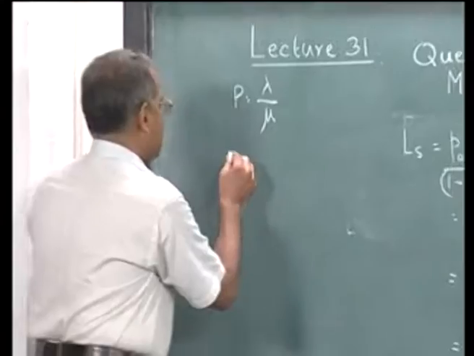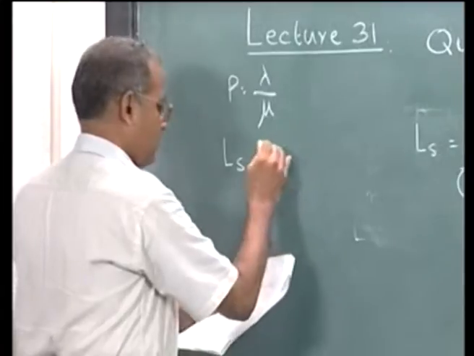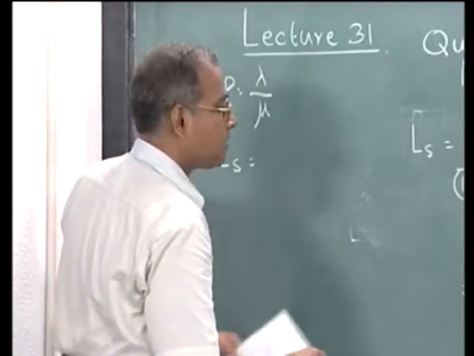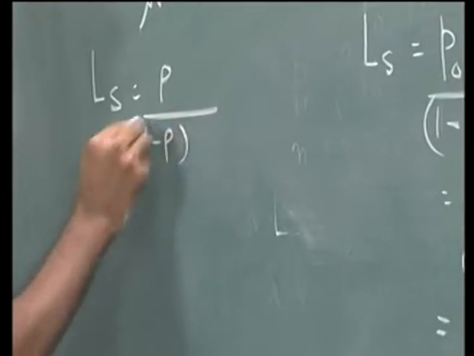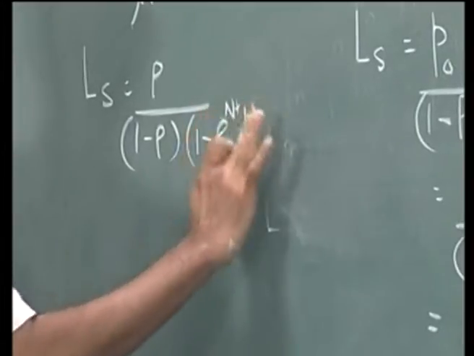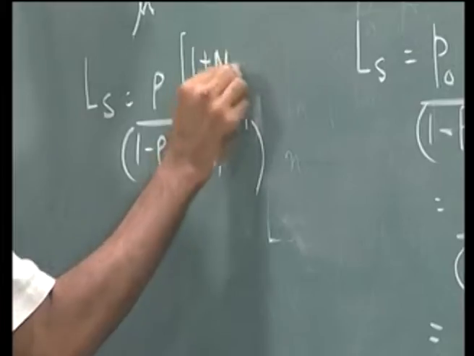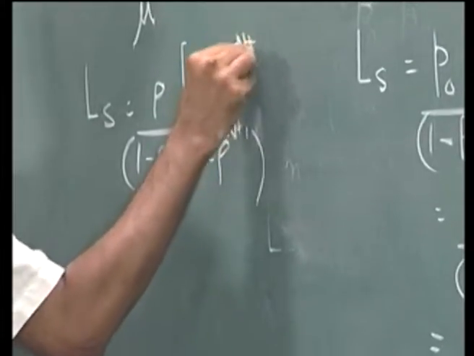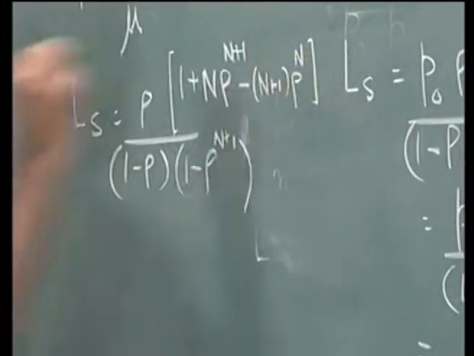So, from which I get the expression Ls is equal to, I have a rho also here, so I have rho by 1 minus rho into 1 minus rho to the power n plus 1 into 1 plus n rho to the power n plus 1 minus n plus 1 rho to the power n.